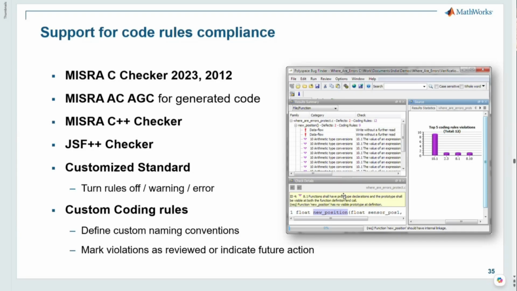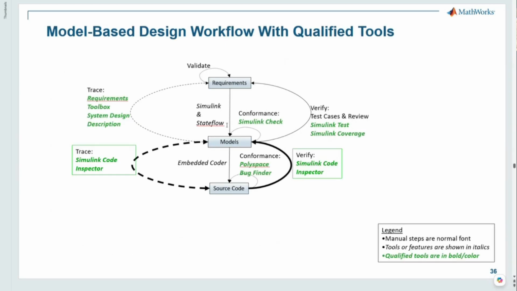Remember, some parts of the code are written manually for the drivers, for the tasks, etc. So you can use Polyspace Bug Finder for both, and for both you need to demonstrate that the code complies with the standard. The standard could be MISRA C 2023 or 2012. There's also 2004 that is supported. You choose it. DO-178C doesn't say what standard you need to apply. It's like for the model. You define your own standard.